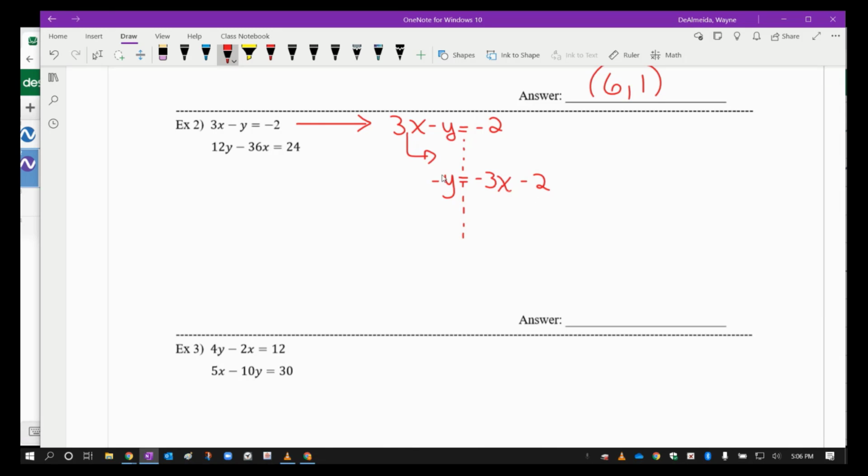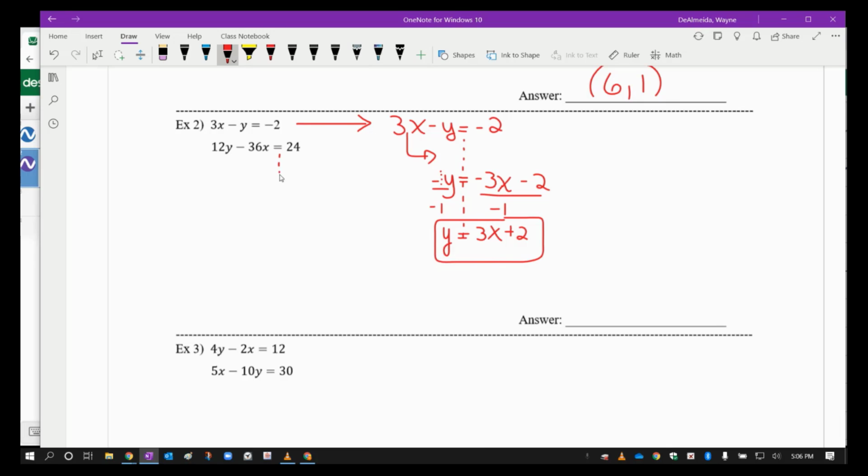Now the y is still not alone because we have an invisible negative 1 right here. So we're going to divide both sides by negative 1, and that will give us negative 3 divided by negative 1, that's positive 3, and negative 2 divided by negative 1 is positive 2. So the y is alone, we put a box around it.